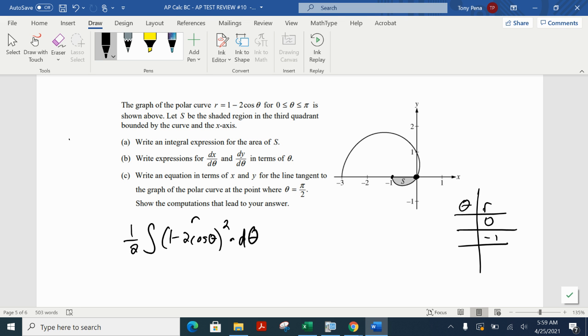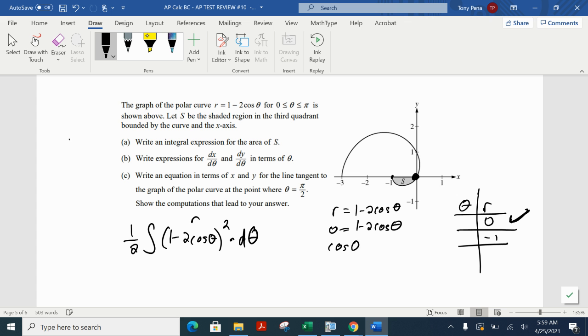We need to figure out, when does our r have a value of 0? When does our r have a value of -1? So we're going to take the r equation and we're going to let it equal 0, because when we figure this out right here, that's going to tell us what angle we start at the origin with. So what does that give us?